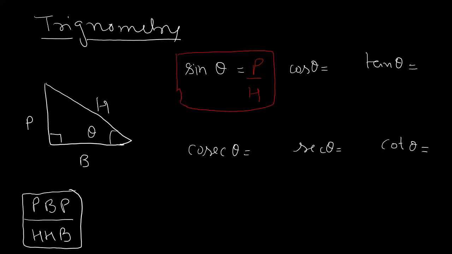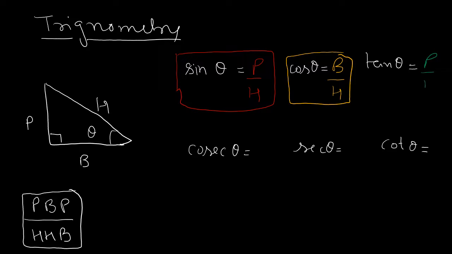Then cos of theta is B over H. So cos of theta is B over H. Tangent of theta is P over B, means your perpendicular over base.